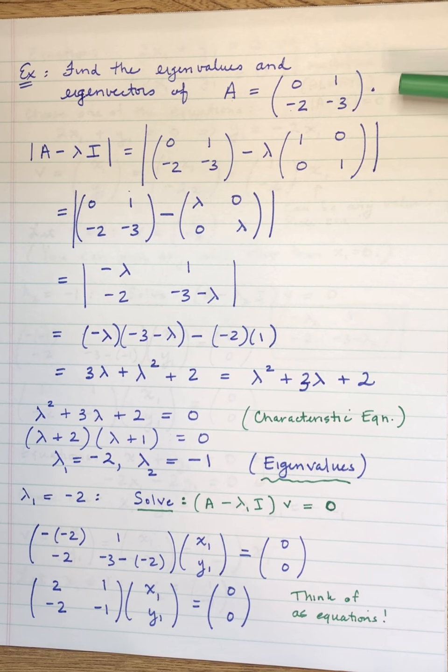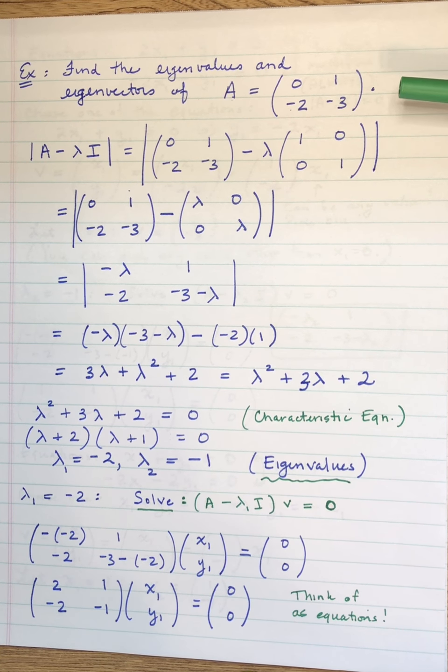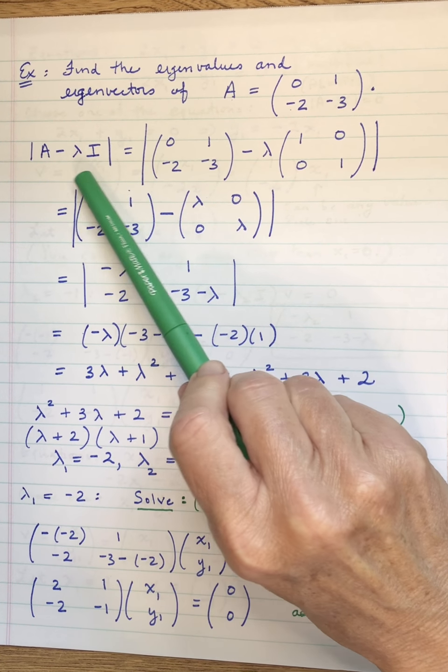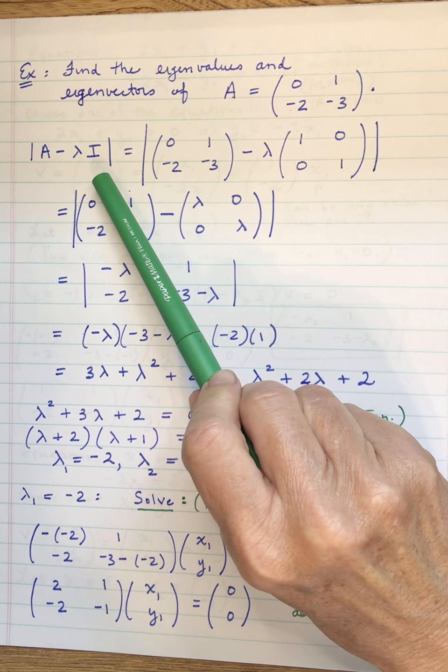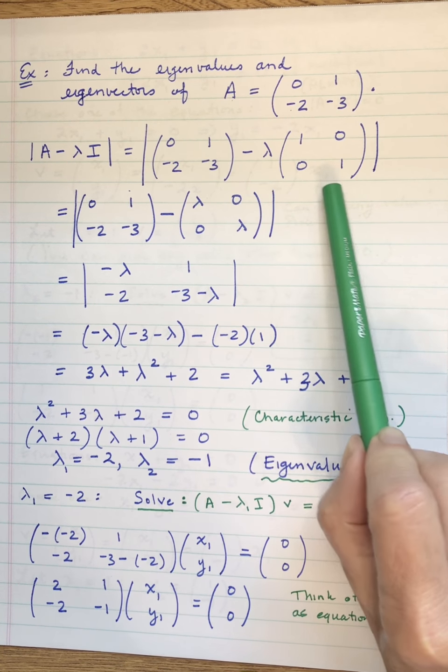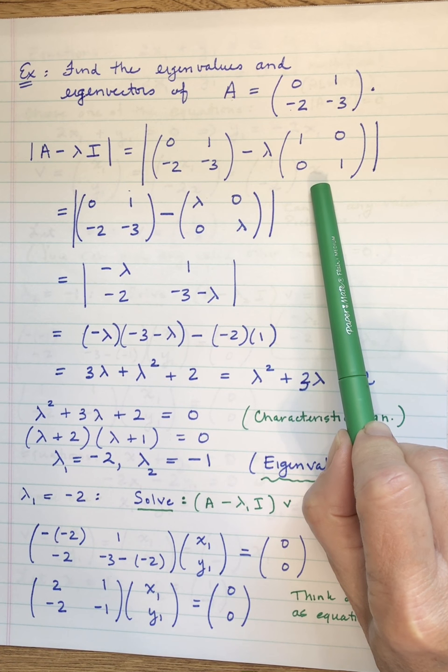So let's find the eigenvalues and the eigenvectors of this matrix A. If you go back to the previous session, this is the same matrix we worked with then. So the determinant of A minus lambda I, we're going to go through all the steps here. This is the matrix A minus lambda times the identity matrix.